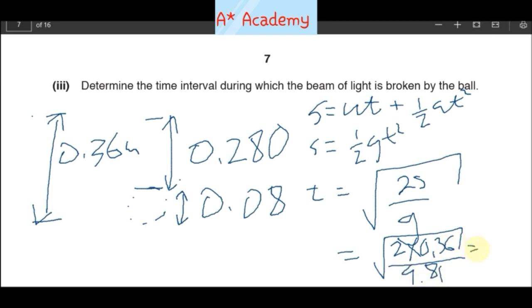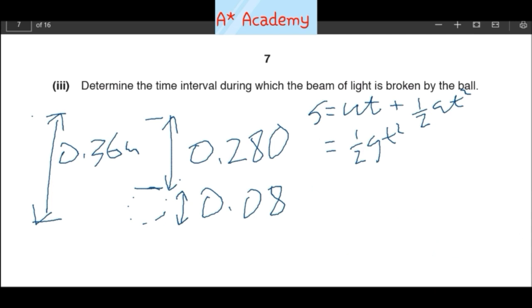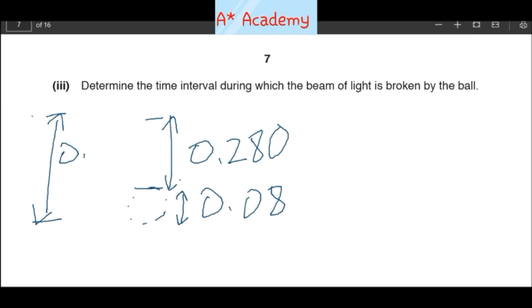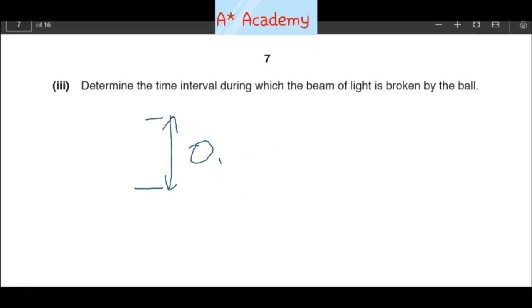If we input this into our calculator, we get 0.271 seconds. Right, so we keep this result, 0.271 seconds, and we have to calculate the time interval from when the beam of light is broken.